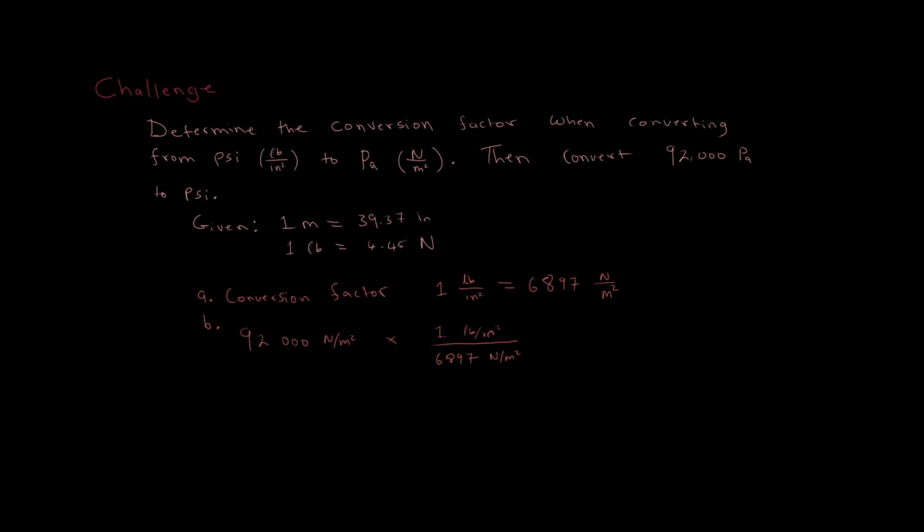This ensures that we have a Newton per meter squared in the numerator, and we also have a Newton per meter squared in the denominator. The 2 Newtons per meter squared cancel out, and we're left with pounds per square inch. Making this multiplication, we get 13.3 pounds per square inch, so that means that 92,000 pascals is equal to 13.3 psi.